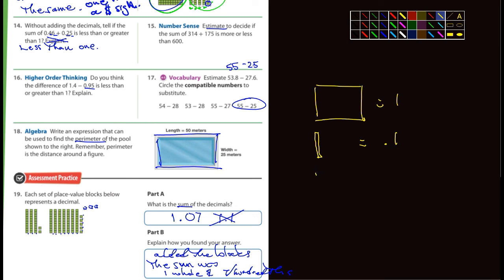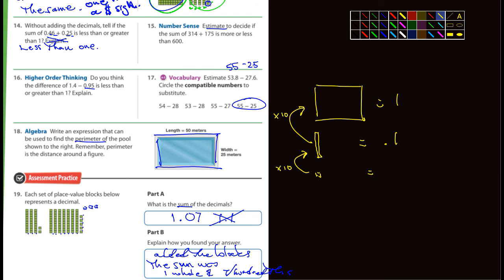And then 1 little block itself, if there was 10 of them, that would equal, I'll put times 10. And then I could do this here, times 10.